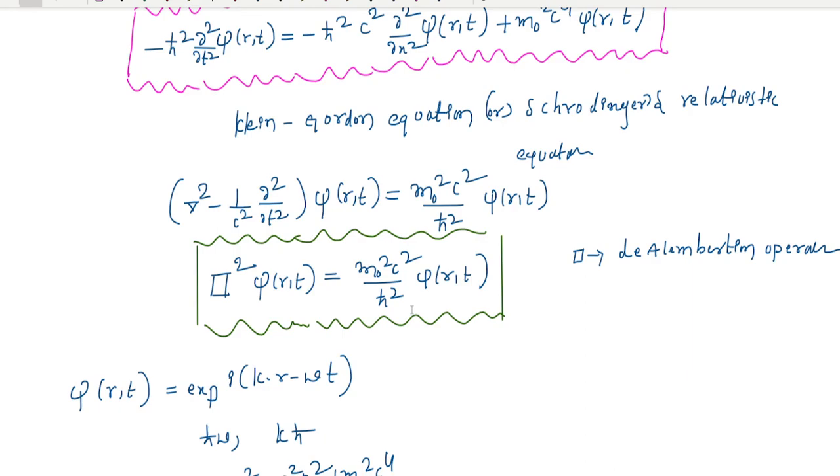We already know the continuity equation in the non-relativistic case, which we already discussed. So in the next class, I'm going to derive the continuity equation from the relativistic Schrodinger wave equation. Okay, thank you.